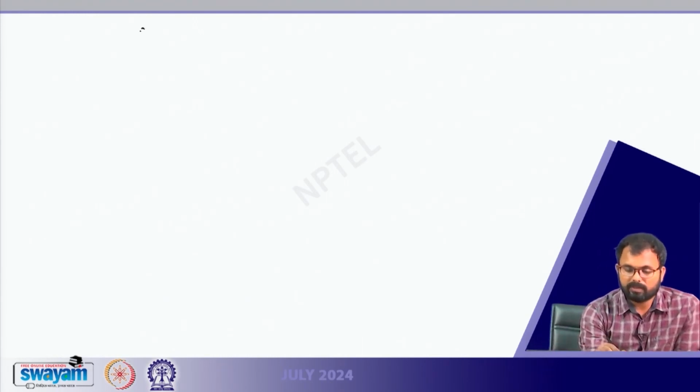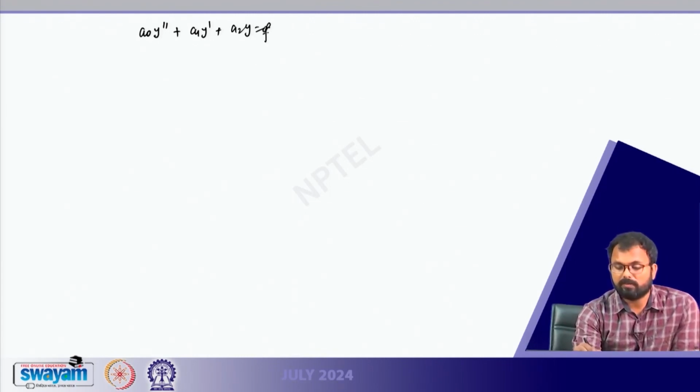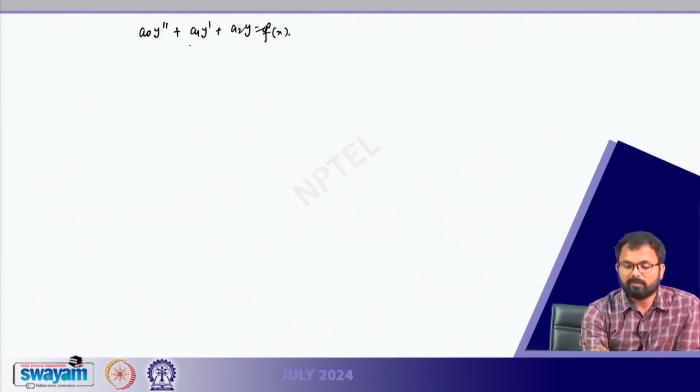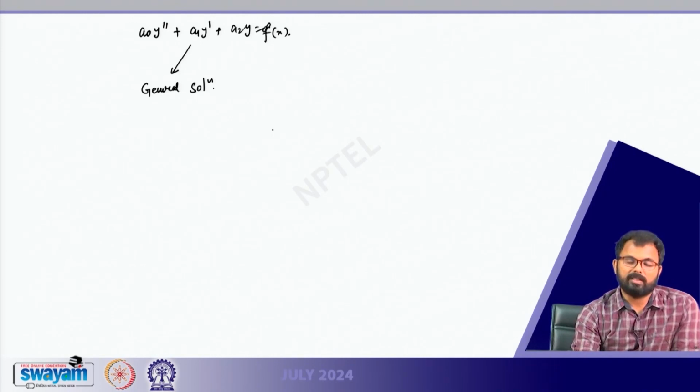Suppose you have this type, a0 y double dash plus a1 y dash plus a2 y equals 0, and equals some function of x. Then in that case we will find a general solution by making the right hand side 0, and you use the auxiliary equation, and from there we write down the solution.